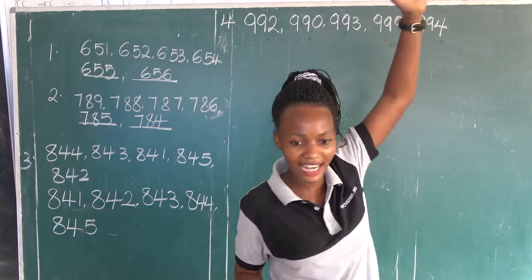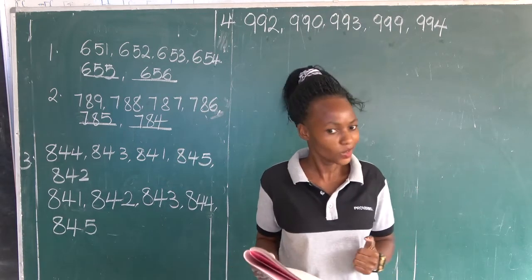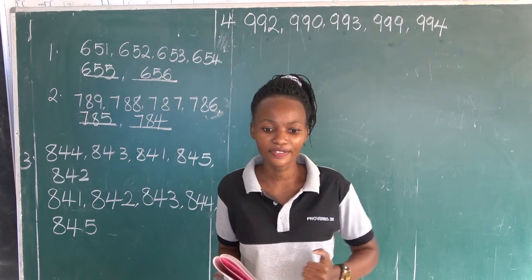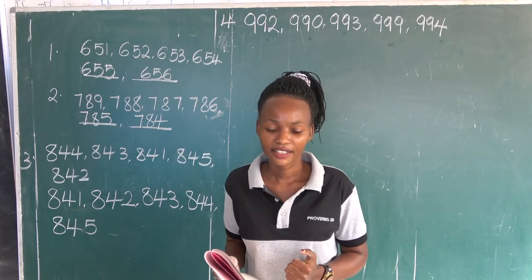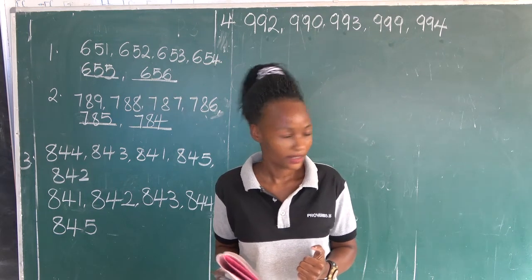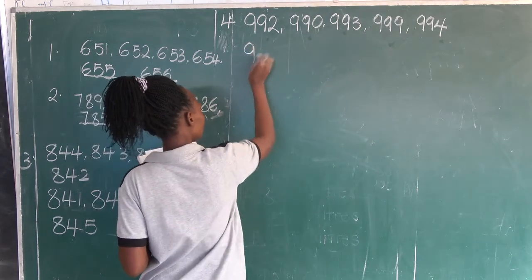Which one is the largest? Which one is the biggest? Not 994 better. Yes, Friendship? 999.